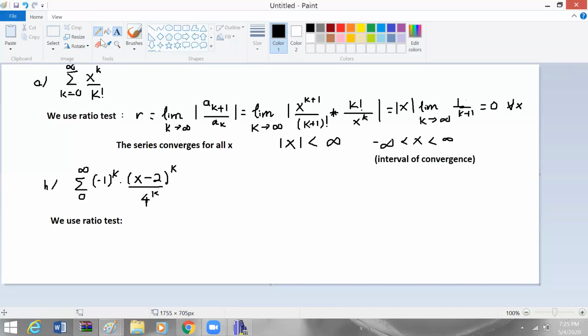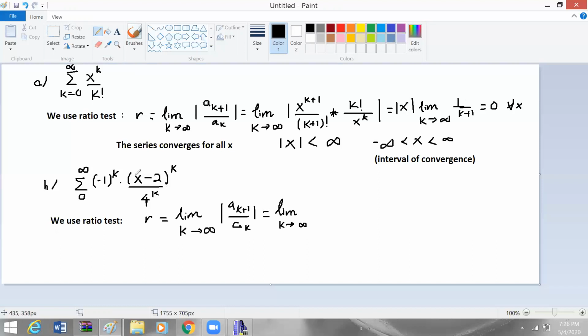Okay. So the ratio test tells us that the R will be the limit as k goes to infinity of a k plus 1 over a k.